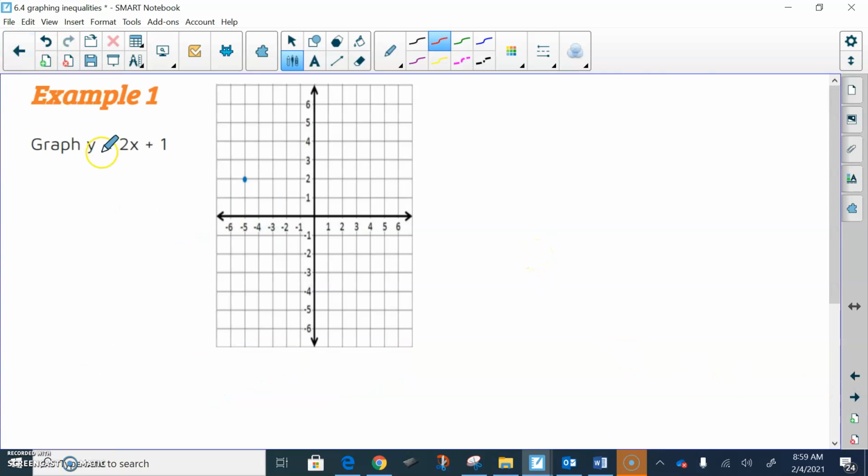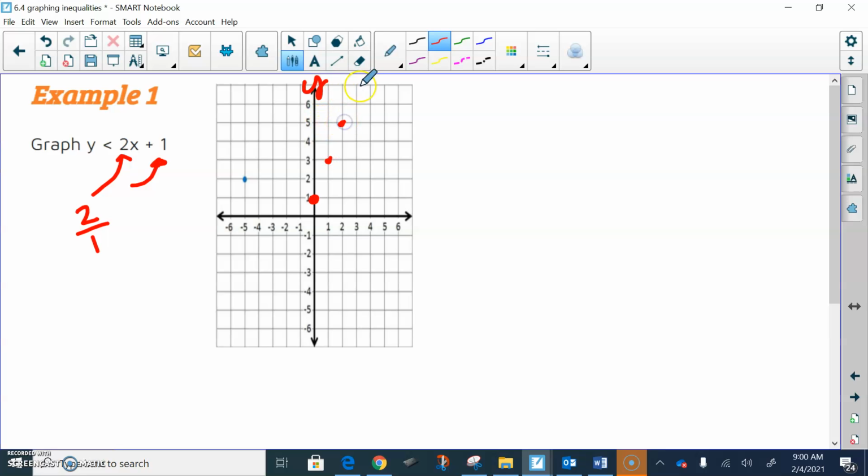So we have it in slope-intercept form. We know we start with our b, our y-intercept. Here's our y-axis, so we go to +1 and put a point. Now we're going to use our slope, our m. It's a +2, and we know if there's nothing in the denominator, it's 1. So from our point, we're going to rise 2, run 1. We'll do that a couple times.